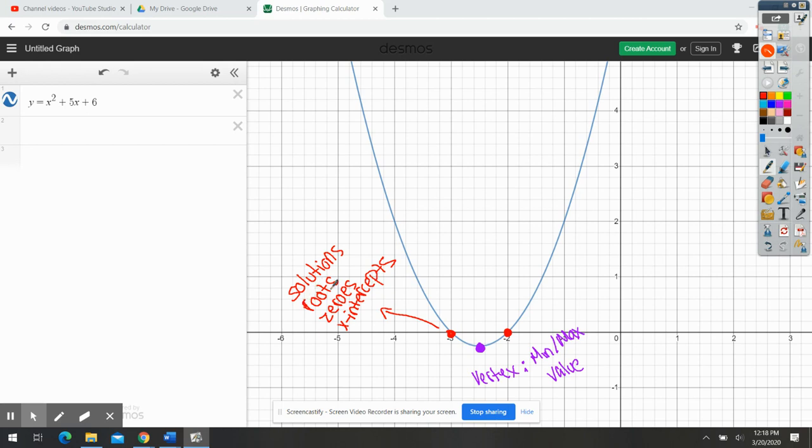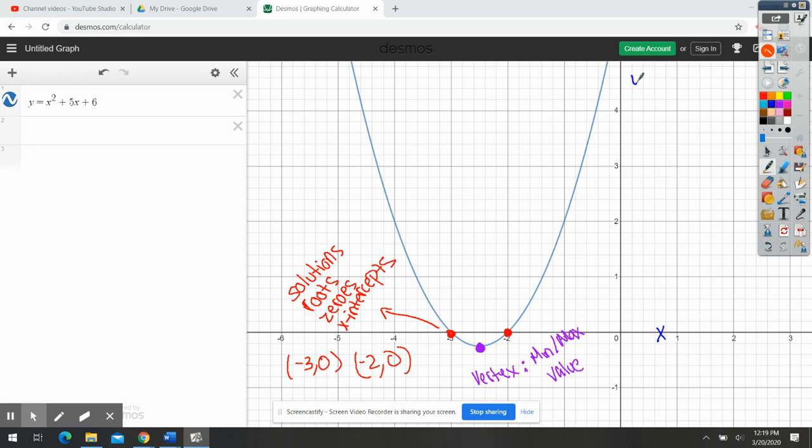So they could have 4 names that you can see on a test or on the Regents exam coming up soon. Here, the 2 zeros, the physical points, are -3, 0, and -2, 0. Now, maybe you could think, wow, why are they called zeros? It's because they're on the x-axis, right?